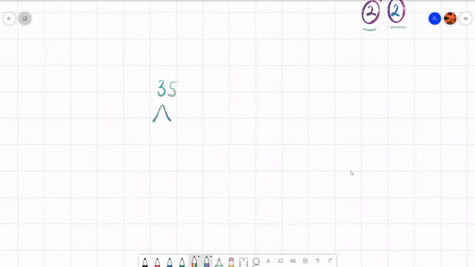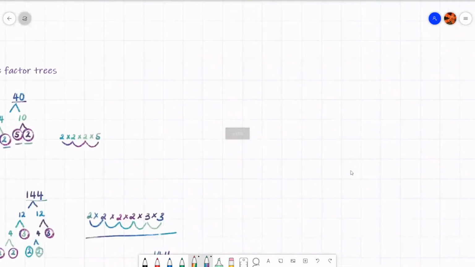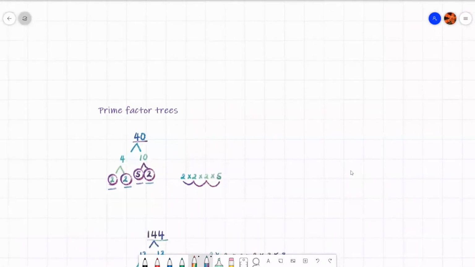Well, 35 is 5 times 7, and 5 is prime, so I can circle that, and 7 is prime, I can circle that, and that tree just stops there. So the prime factors of 35 are 5 times 7. Lovely.